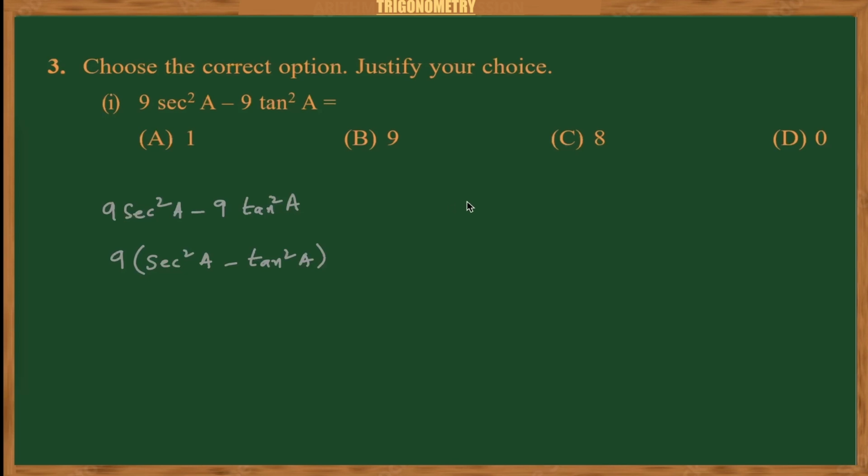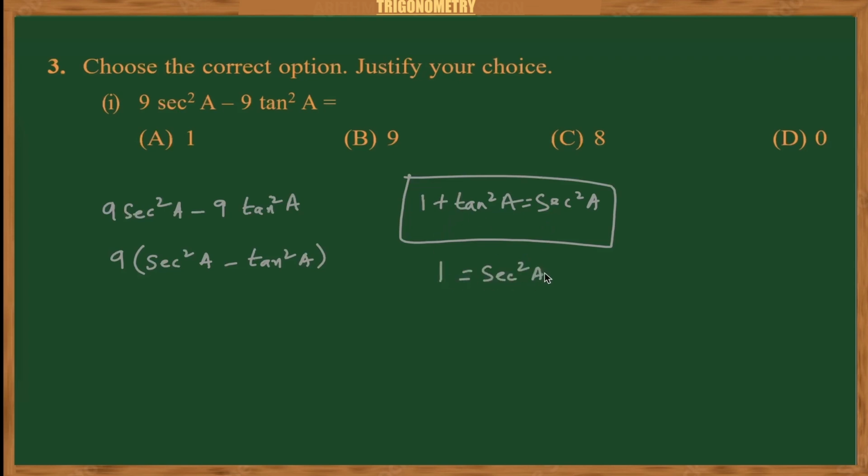Students, we know one of the formulas where we have tan and secant: 1 plus tan square A is equal to secant square A. So here let's utilize this formula. Let's see how we can correlate here. Let's bring the 1 here, so secant square remaining here.